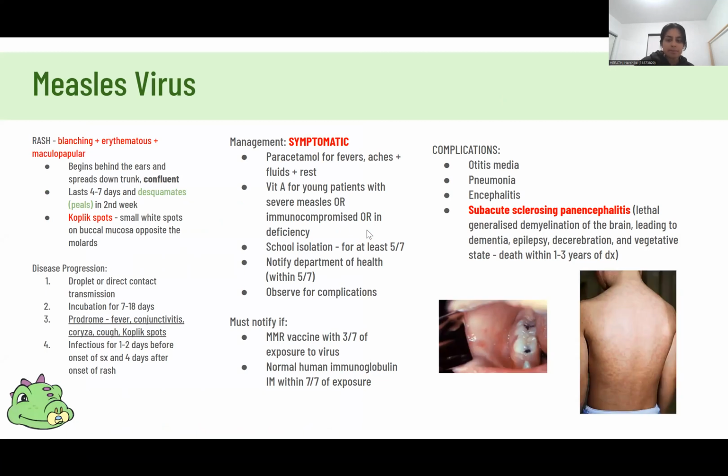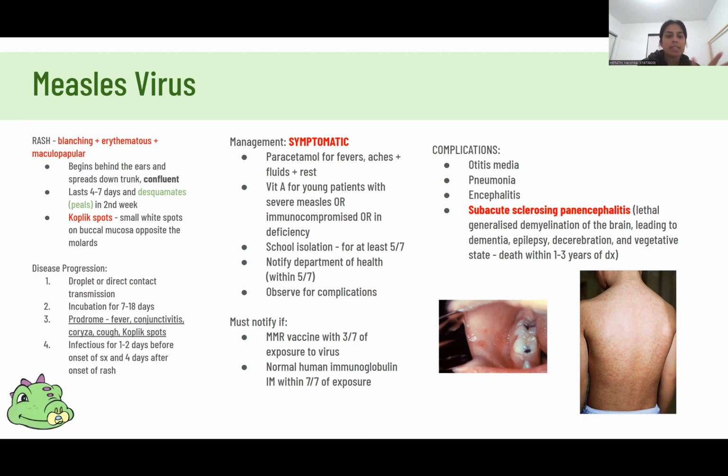So measles is a viral infection that causes a rash throughout the body. It's usually a blanching, red maculopapular rash, and it is preceded by these spots on the buccal mucosa opposite the teeth called Koplik spots.